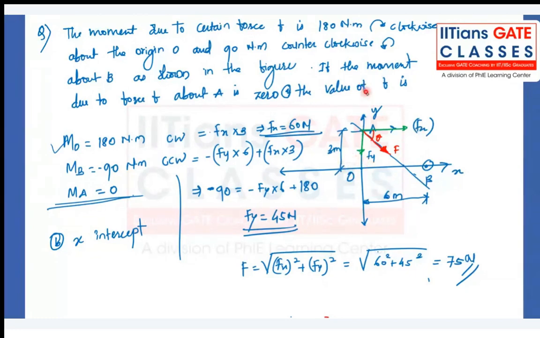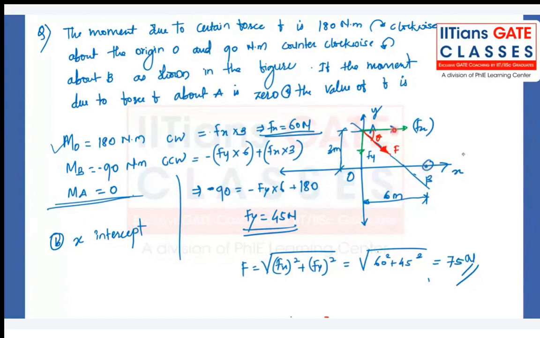Now, one more sentence they have mentioned, that 90 Newton meter counterclockwise moment about point B. So it should create a counterclockwise moment about B. Means the line of action of this force should be on the left side of B. If it is on the right hand side of B, what will happen?